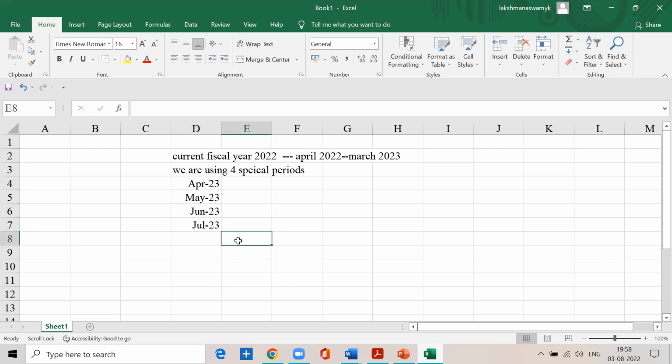Till now, this is clear. The current fiscal year is 2022, that is April 2022 to March 2023. Then the special periods are April 2023, May 2023, June 2023, and July 2023. So these are the special periods.